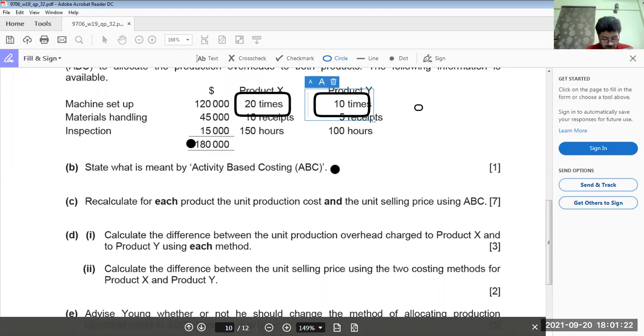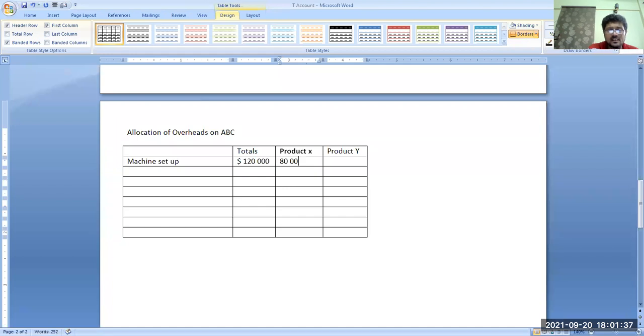See, 20 times and 10 means total 30 times. So 120,000 divided by 30 multiplied by 20. So 80,000 and 40,000. Okay, done. So product X, $80,000, and product Y, definitely $40,000. Done.